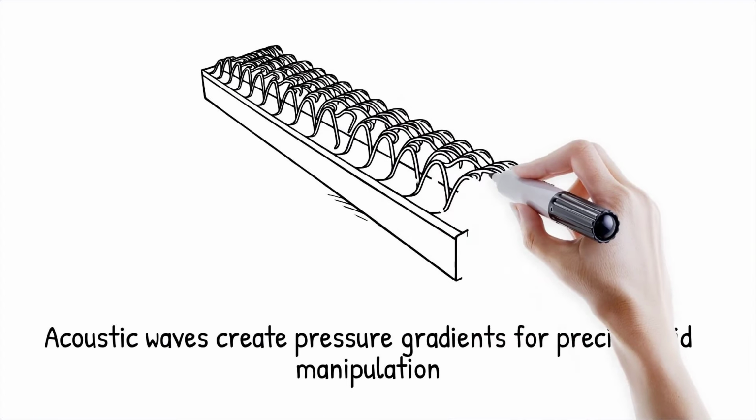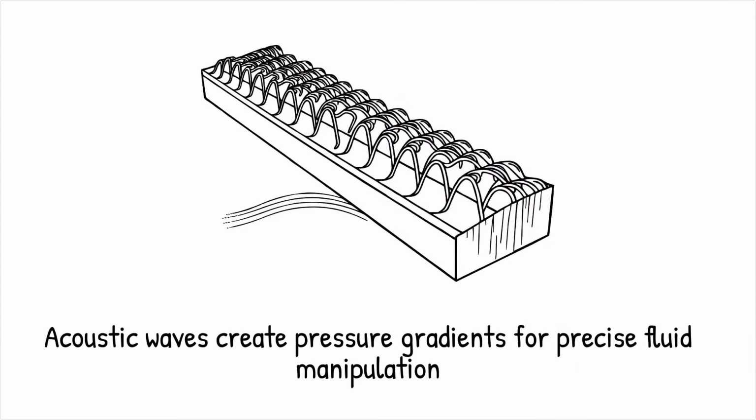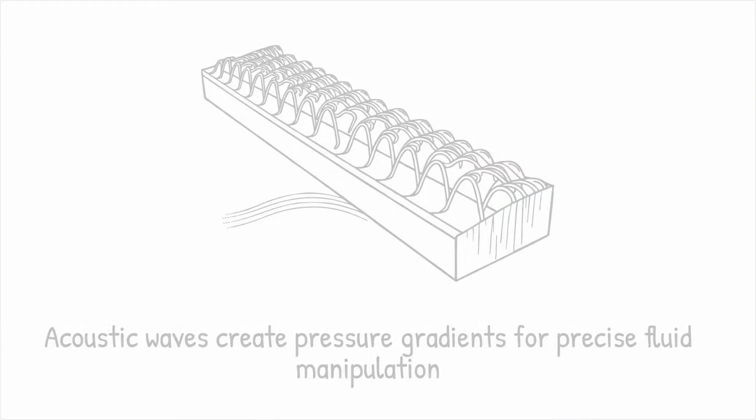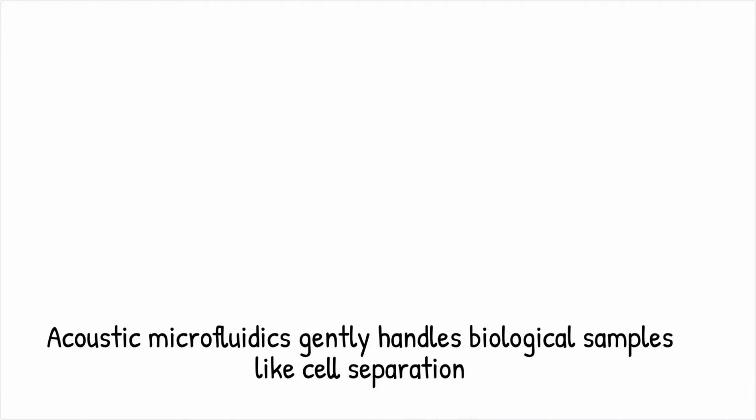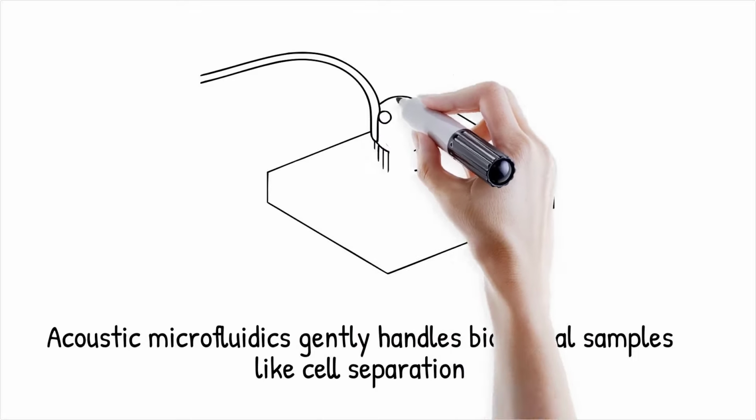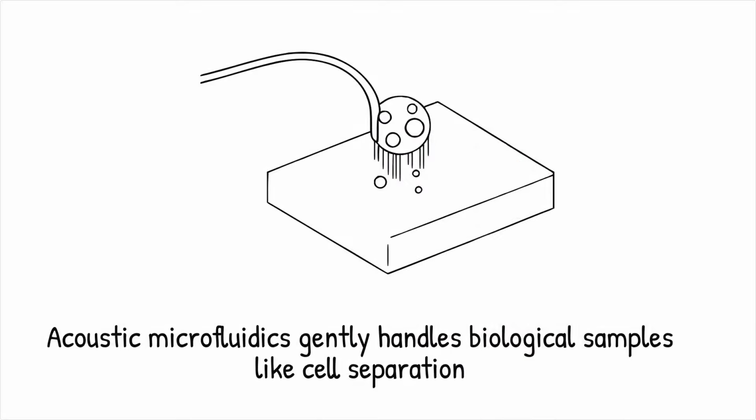Acoustic waves generate localized pressure gradients that induce microfluidic streaming, enabling precise manipulation of fluids and particles. This technique, often achieved using surface acoustic waves, SAWs, allows non-contact control over droplet movement, mixing, and particle sorting.